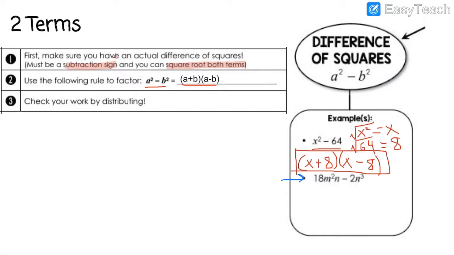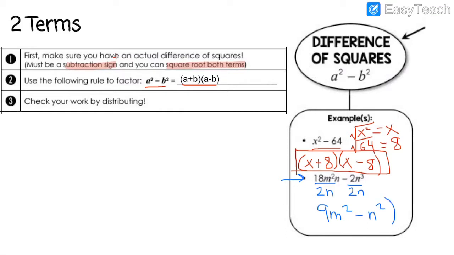So if you notice, we actually have a greatest common factor we can pull out here. So a 2 will go into both 18 and 2. But they also both have an n in the problem. So we can also pull out an n. So once we pull that out, we are left with 9m squared minus n squared.